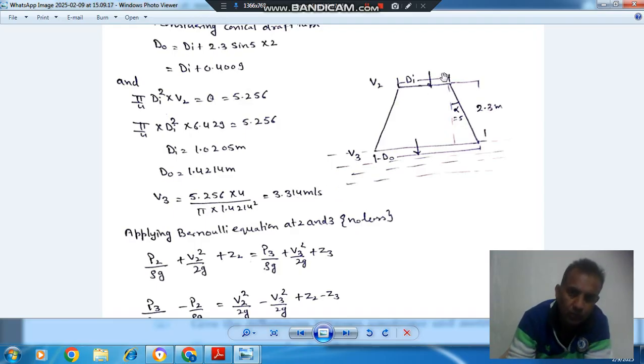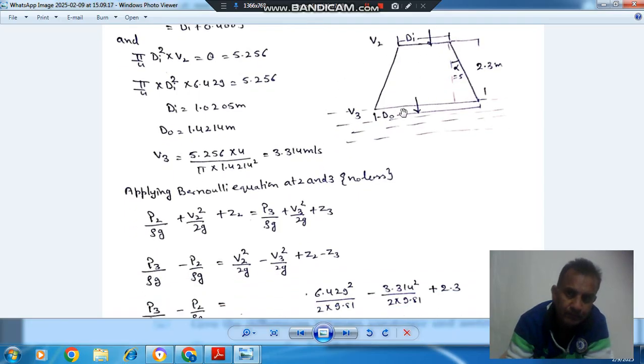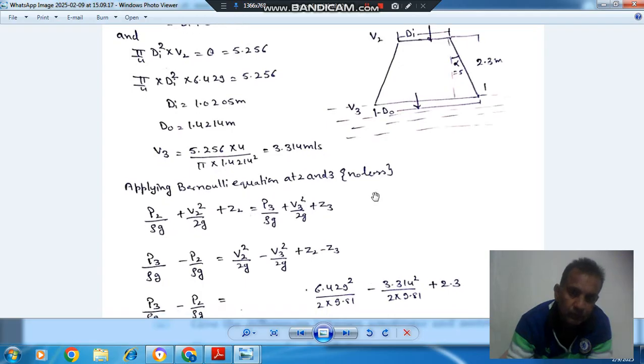Now there is variation in velocity. Here the velocity is V2 and here the velocity is V3. So extra head will also be available due to change in velocity. We apply Bernoulli's equation between 2 and 3, considering no loss. Here the total head is P2 by rho g plus V2 square by 2g plus Z2, and here the total head is P3 by rho g plus V3 square by 2g plus Z3. Z2 is 2.3 meter above, so taking Z2 as 2.3 and Z3 as 0, and the velocities are known.